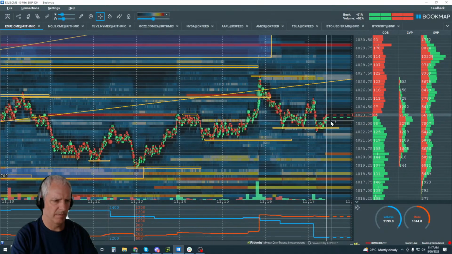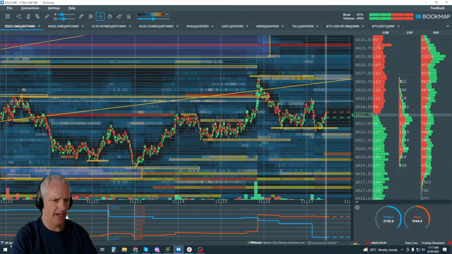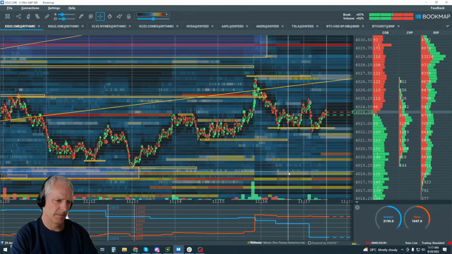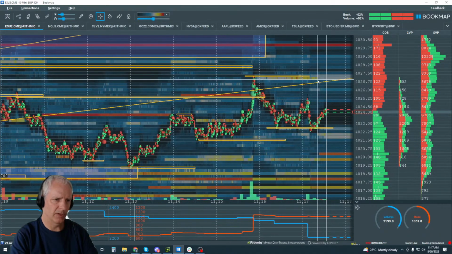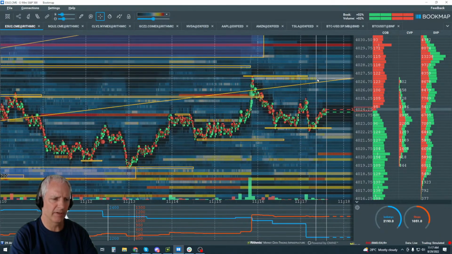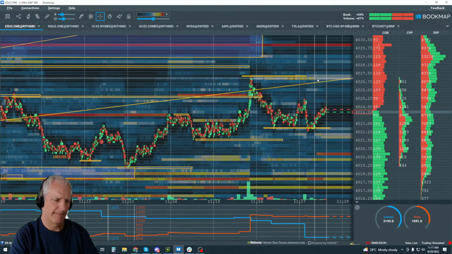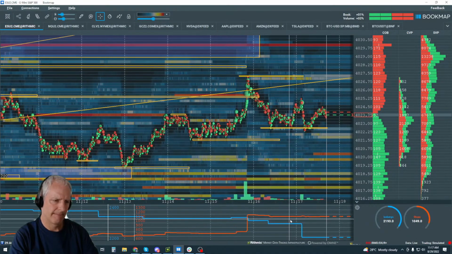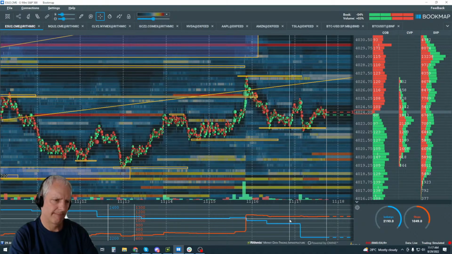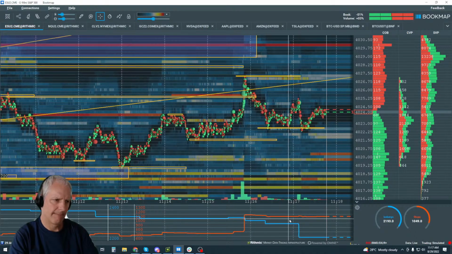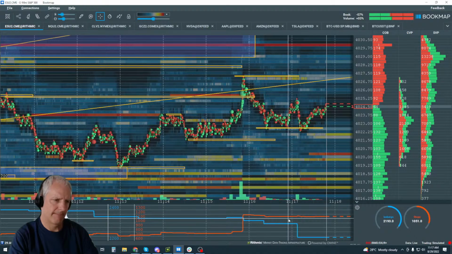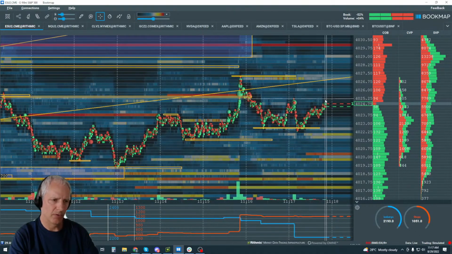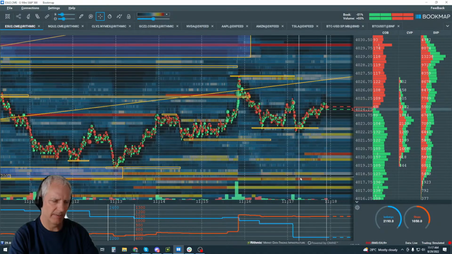Okay, they're on the bid, starting to get buyers. Okay, back up to 25. It's pretty clear sailing all the way up to about 27. Okay, there's 25, or just about there.